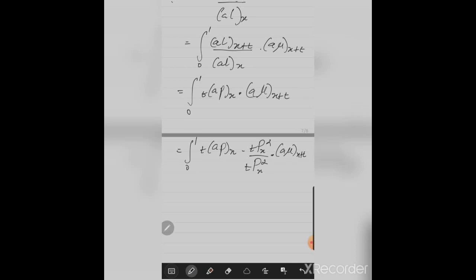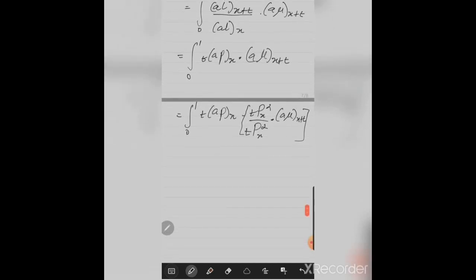So probably let me take only this part, tPx alpha times A mu x plus t. So this will become mu x plus t, tPx alpha, so tPx alpha times mu x plus t alpha.